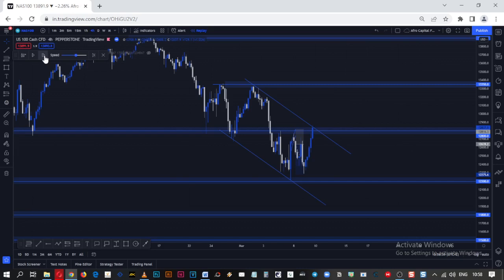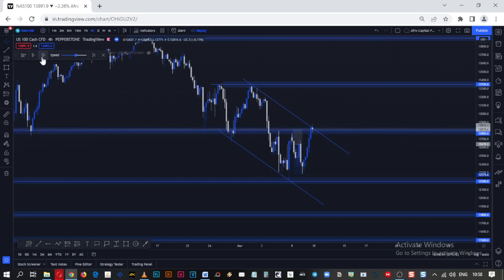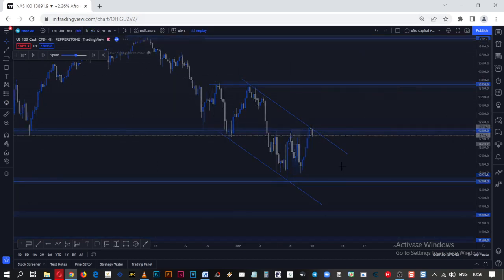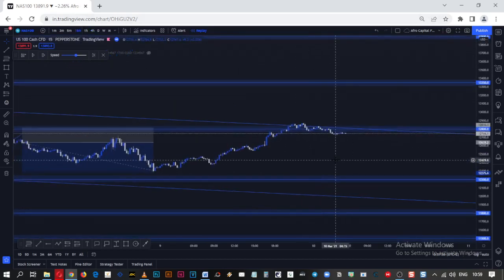Still continuation, most likely we're breaking the trend and then retesting the key level and showing signs of bullishness. This is even showing that there is an engulfing on the 4 hour. Then you can take it to the 15.